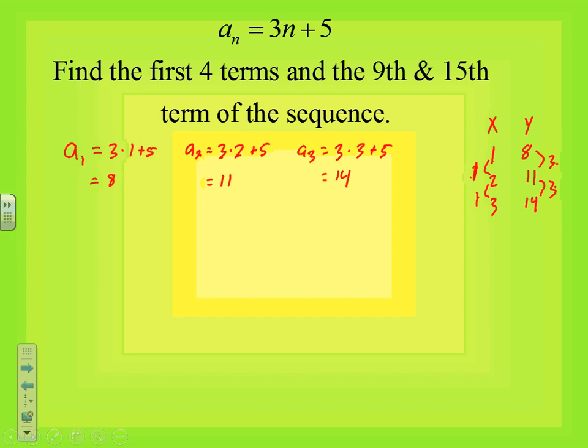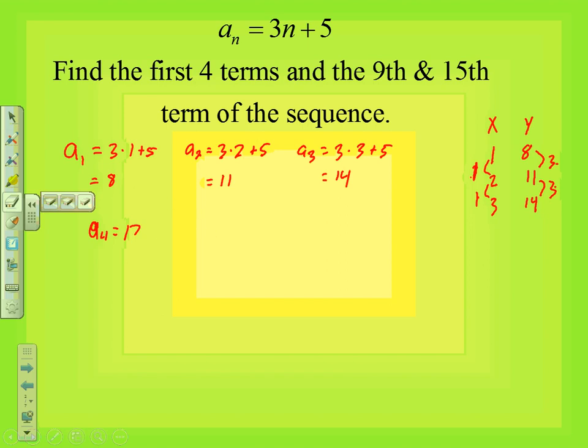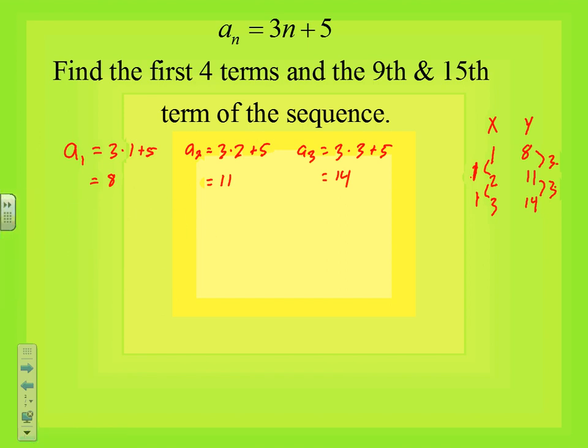So for the fourth one, a of 4, you don't really have to write it out. You can just say, well, that's going to be 3 more than the last one, so that should be 17. And a of 5, I can't write to save my life today. My handwriting is terrible. But a of 4 would be 17. A of 5 would be 20, and so on.